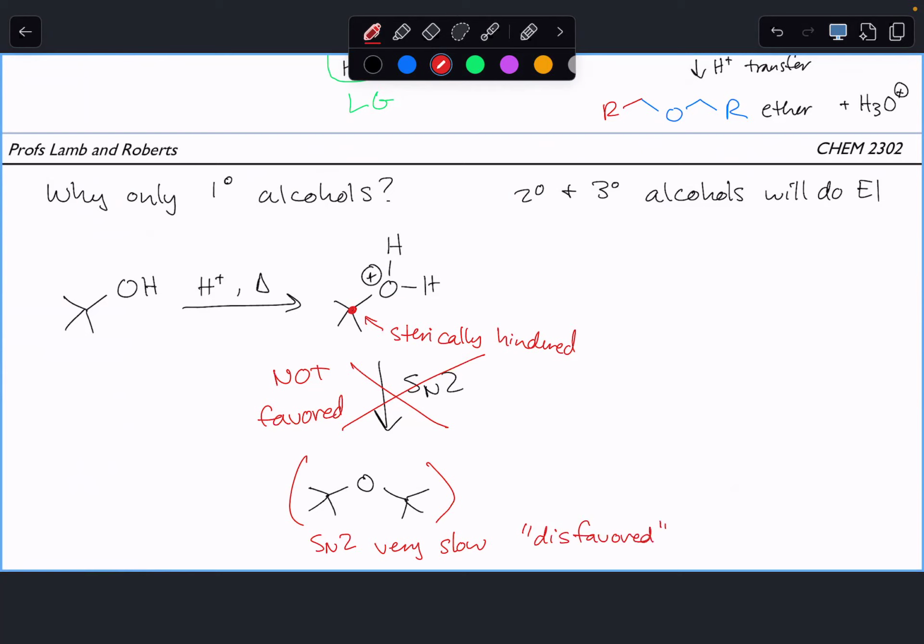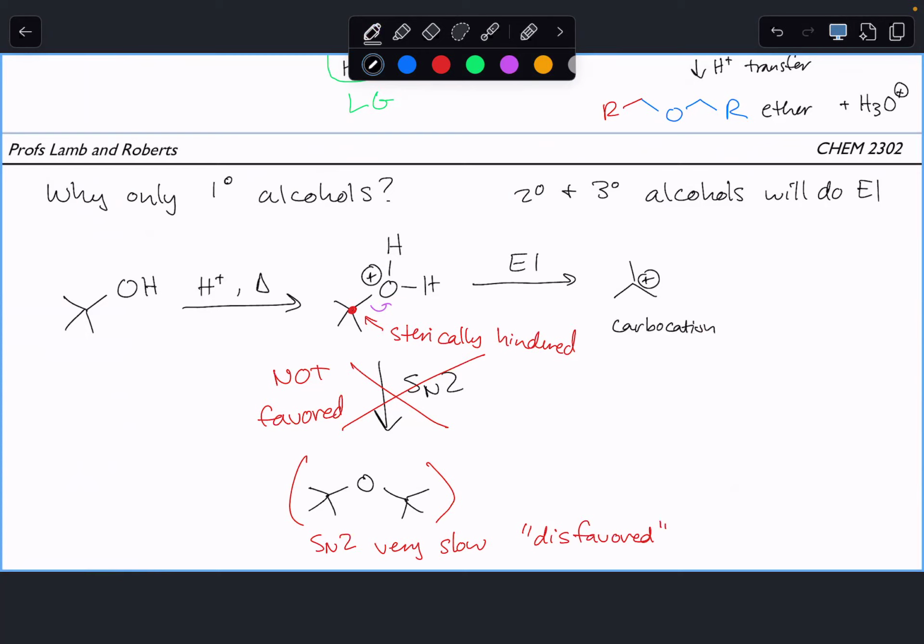Instead, we can do E1, where the leaving group that we made just leaves by itself, and we generate a carbocation, right?